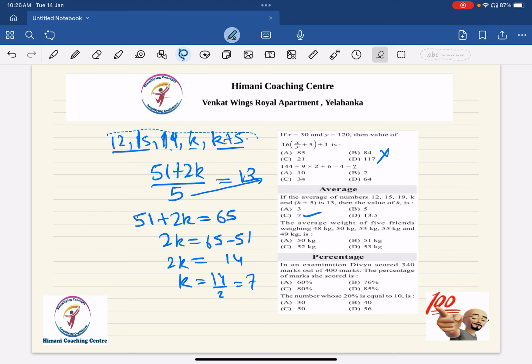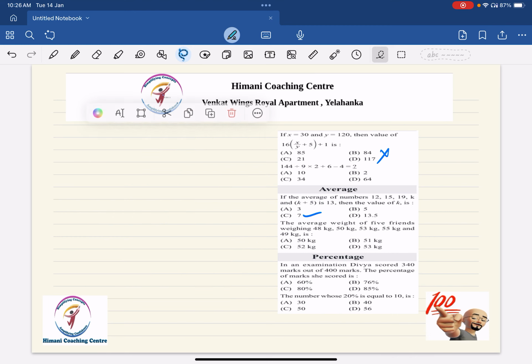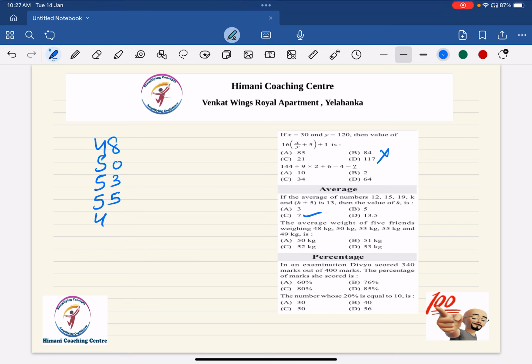Okay, so we have utilized the knowledge of how to find average or mean. Now the average weight of 5 friends weighing 48 kg, 50 kg, 53, 55 and 49 kg is. So we again have to find the average. So let us write their weights, add them first. 48, 50, 53, 55 and 49.